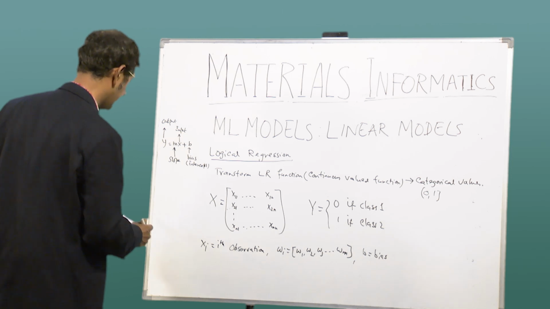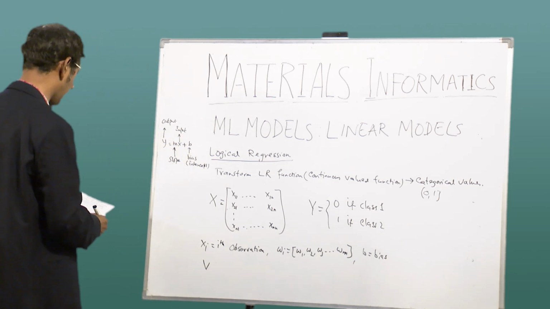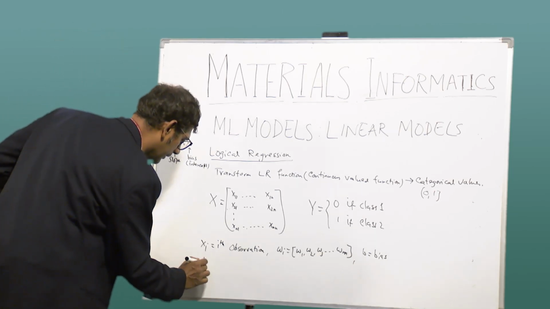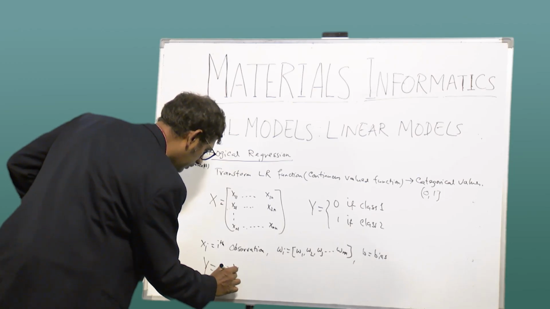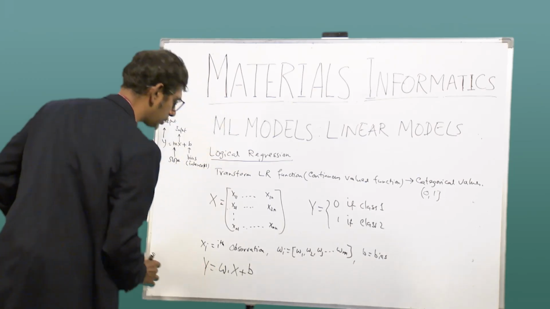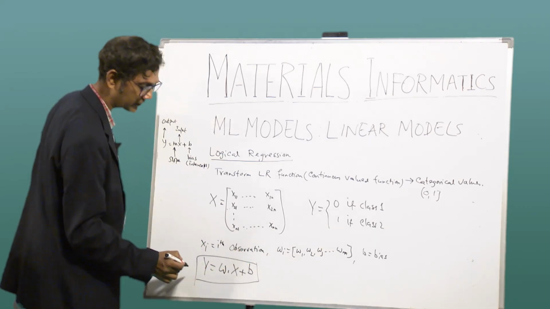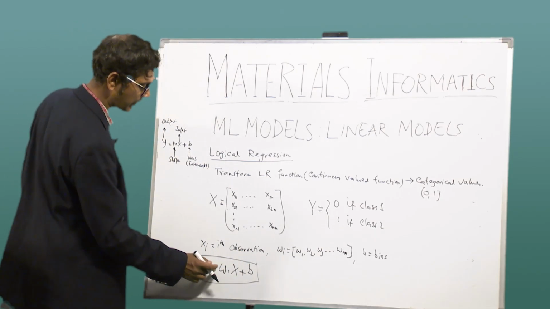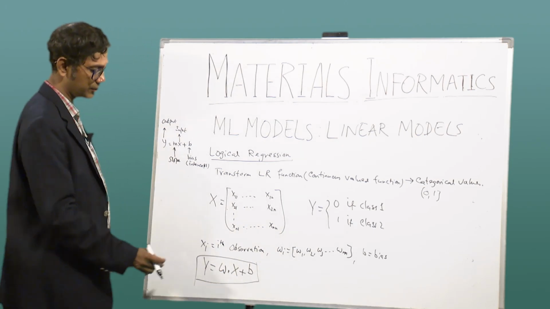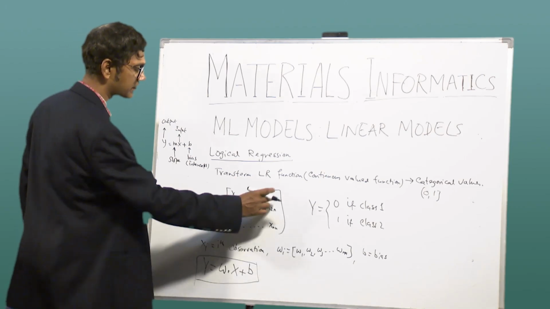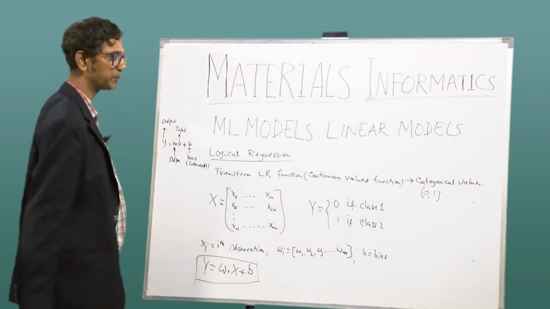So, we can write down y as w. Remember, this is in matrix form. I did it in the last lecture. So, y is equal to w into x plus b. When you write in matrix form, this multiplied by all the w's plus b will come into the picture.